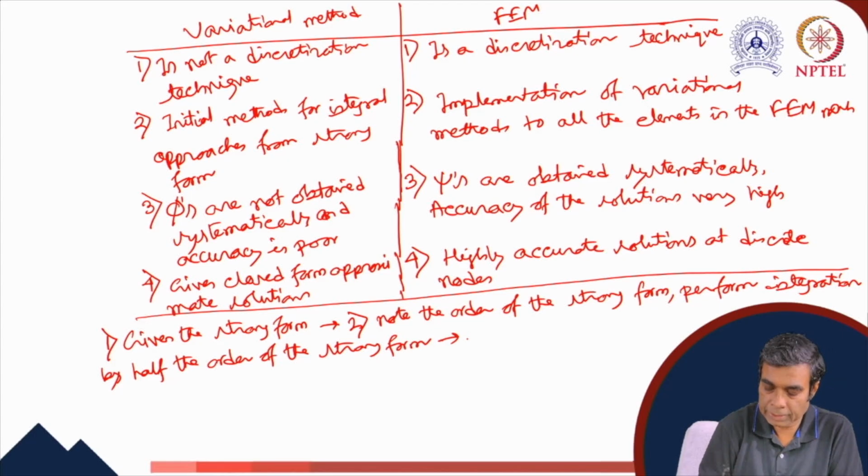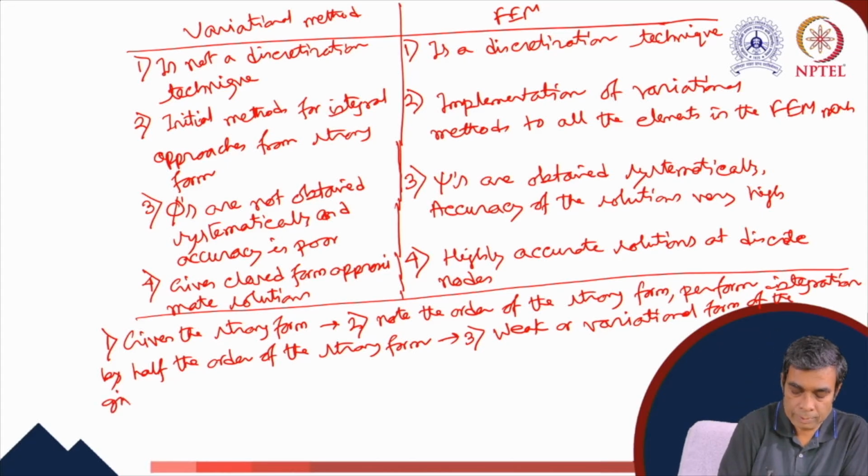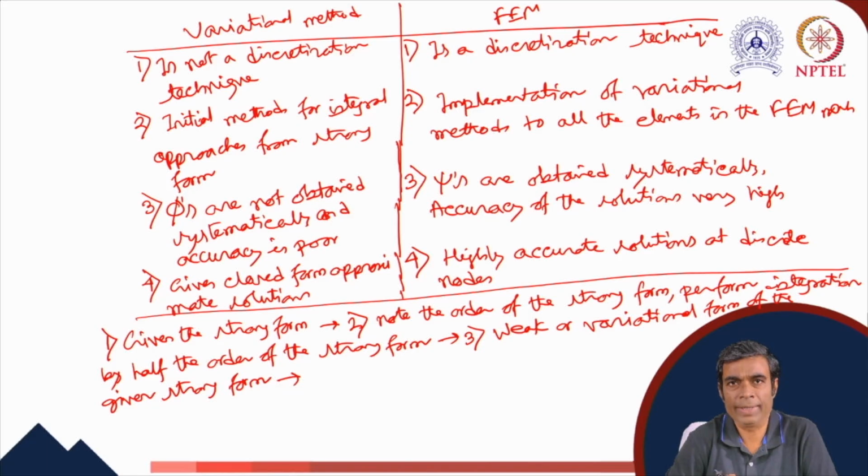So this step gives us the weak or variational form of the given strong form. This weak form is for the entire domain.